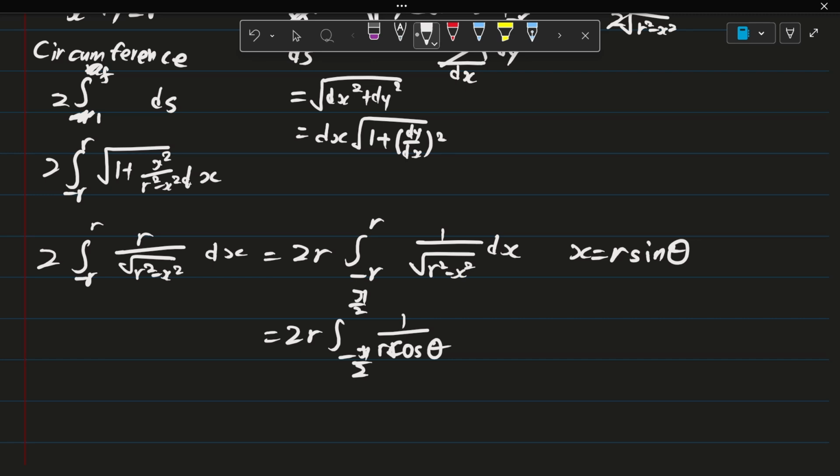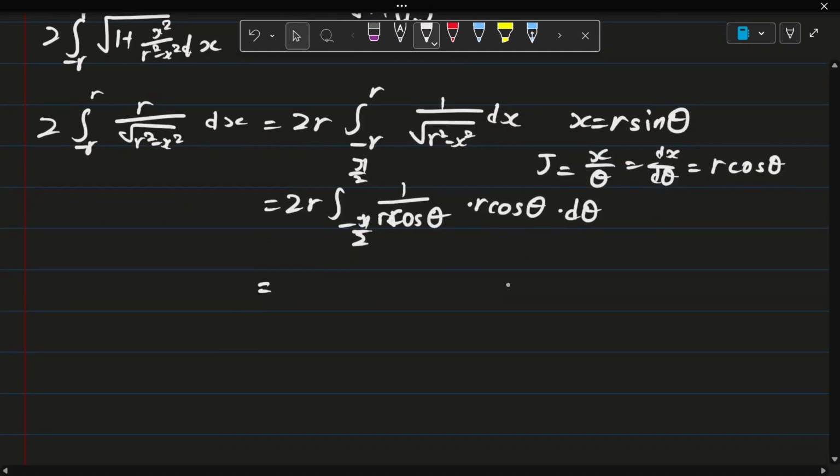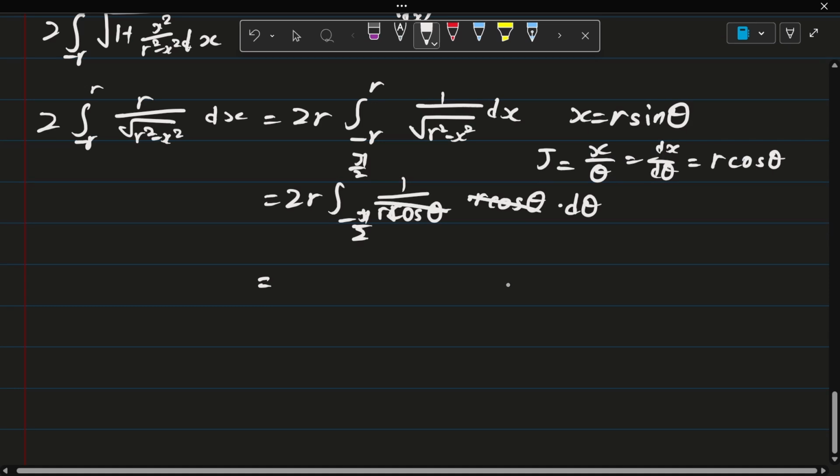And then after that, we could multiply this by the Jacobian, dx over d theta, which is going to be r cosine theta. So we multiply this by r cosine theta, multiply this by our d theta. And it turns out this r cosine theta will cross each other out.